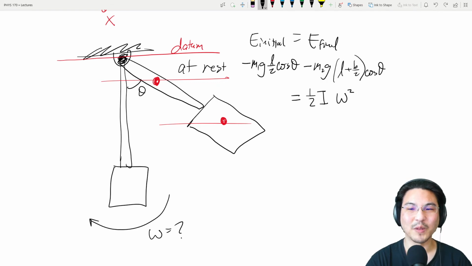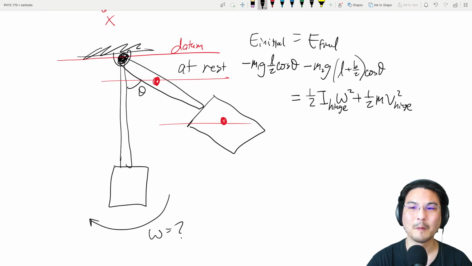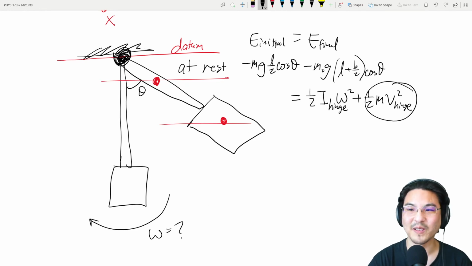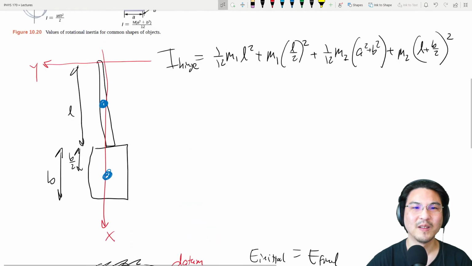If we say the moment of inertia about the hinge over here, and then plus 1/2 mv squared for the velocity of the hinge. So that would be the kinetic energy of the hinge translating plus rotating about the hinge. What is the velocity of the hinge? 0. So then it's only this. And we just solved this earlier right here.